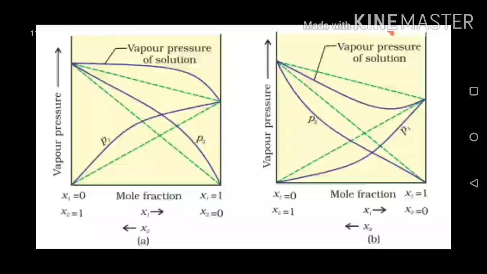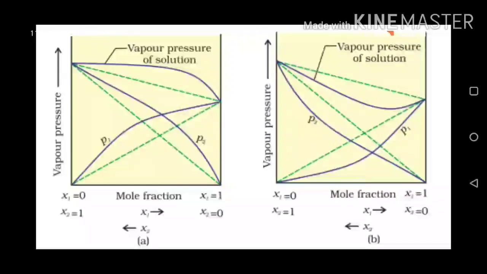On the right hand side also, we can expect that if the association of A and B is greater, the escaping tendency will be lesser. So in that case, PT will be less than PA0 into XA plus PB0 into XB, and as a result, since the escaping tendency is less, on the right hand side you can see that the vapor pressure is lesser than what was expected, and the green lines show the expected vapor pressure, which was the ideal case.